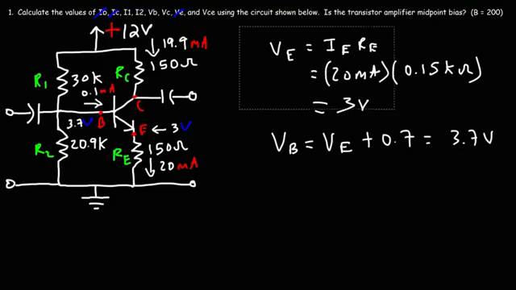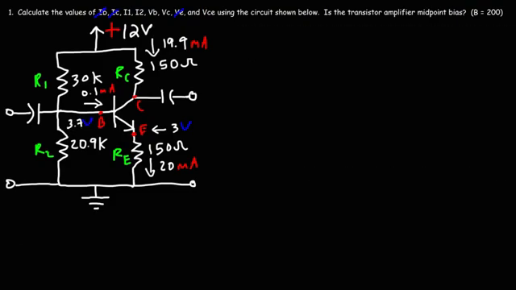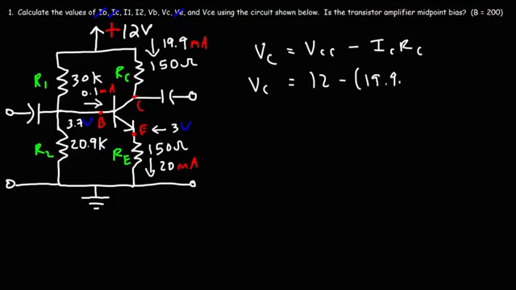Now let's calculate the potential at point C. The potential at point C is going to be the collector supply voltage minus the voltage drop across RC, the collector resistance, or the resistor associated with the collector pin of the transistor. So that's going to be IC times RC. So VCC is 12. We know that the collector current is 19.9 milliamps.